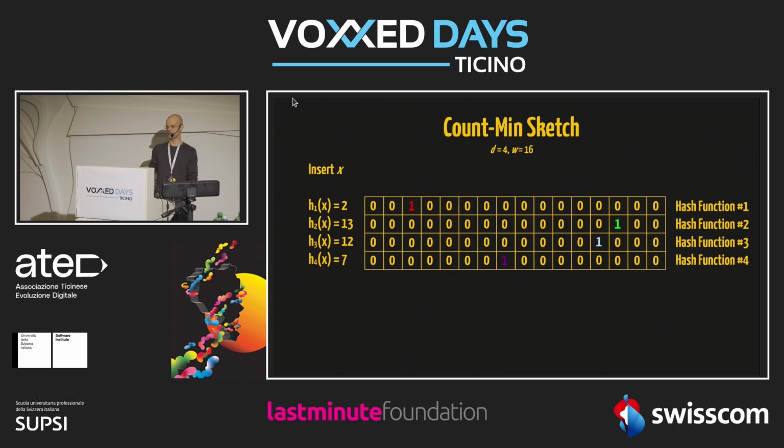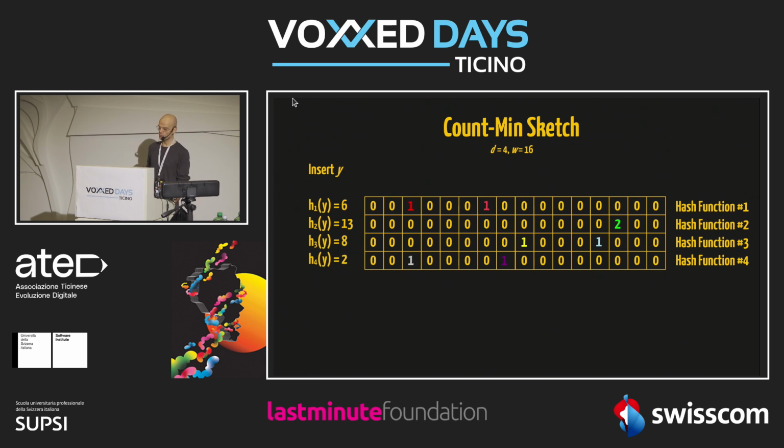So from 0 it becomes 1. Then I compute the second hash function, I apply it to X, and the result is 13, and then I write on that index of the array, I get the current value, which is 0, and I increase it to 1. And the same goes for the third and the fourth hash functions.